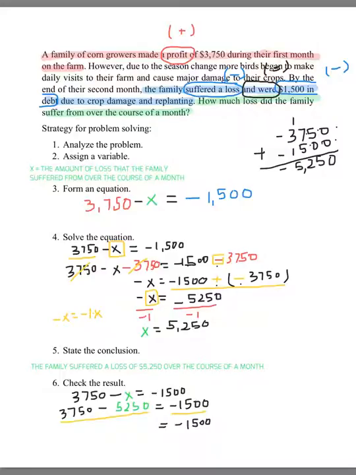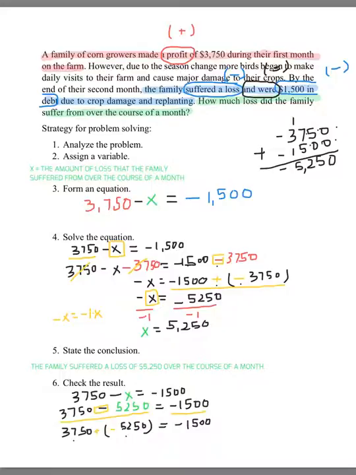What we want to notice is that we could also rewrite it as 3,750, and as we did previously, plus a negative 5,250. So now these two are the exact same thing. Adding a negative is the same thing as subtraction. Now the two values are opposite sign: a positive 3,750 and a negative 5,250.